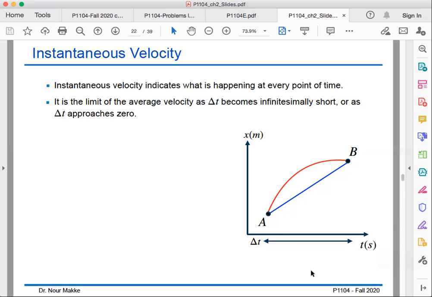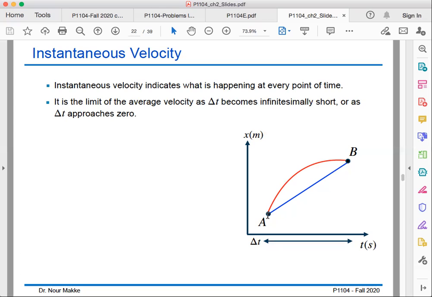That means that we are going to reduce the time interval, delta t, so that we get as close as possible to the point A, so that at some point there will be no time interval, and delta t would be equal to 0. We'll be talking about an infinitesimal time interval, which is the dt.